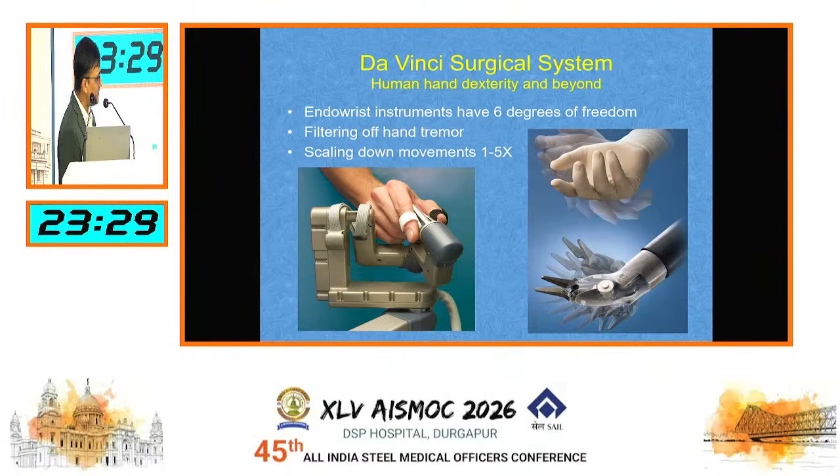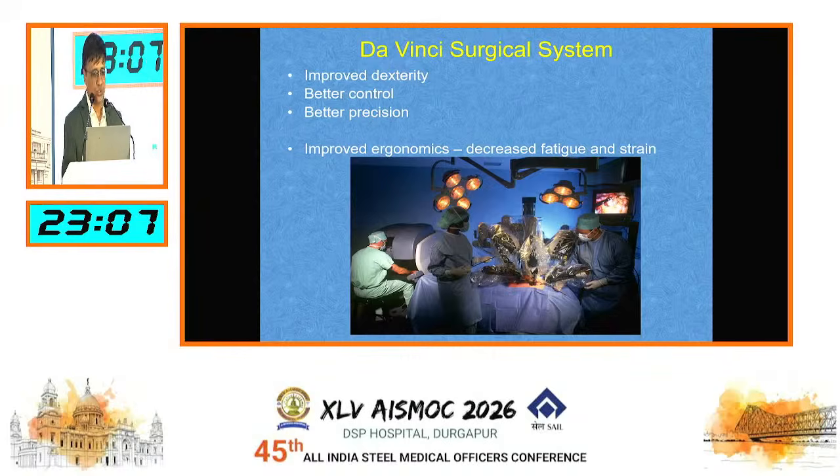The size of this instrument is 8 millimeters, smaller than the pen in your shirt pocket. These are very small instruments, and it is almost as immersive a surgery as a surgeon can do. It's as good as an open surgery, but you need not cut open the patient at all. You just have small 8 millimeter instruments which do the job for you.